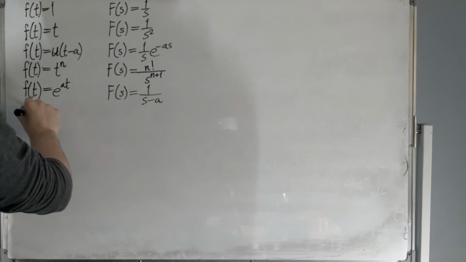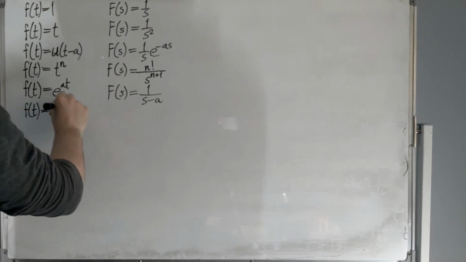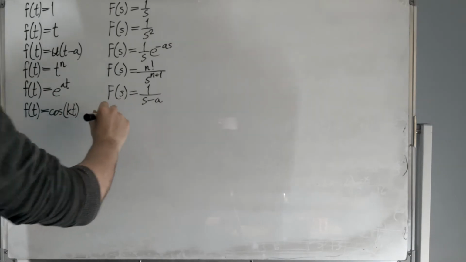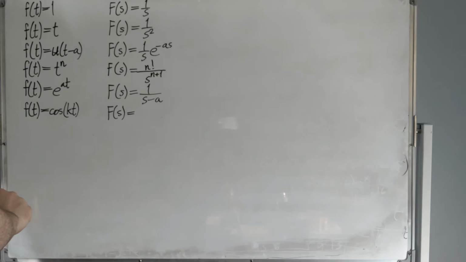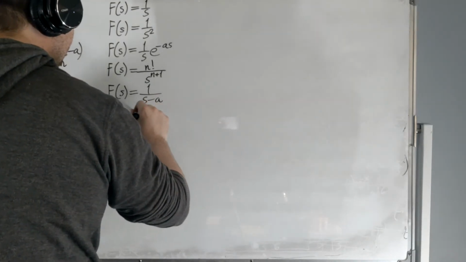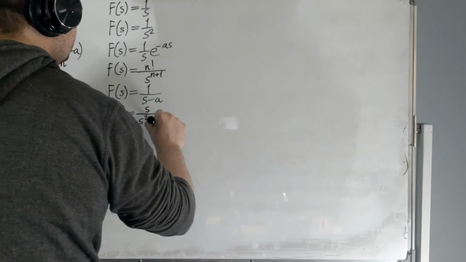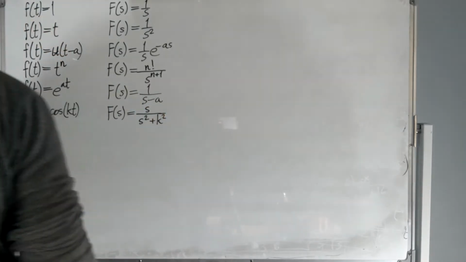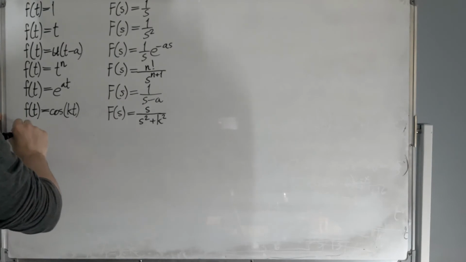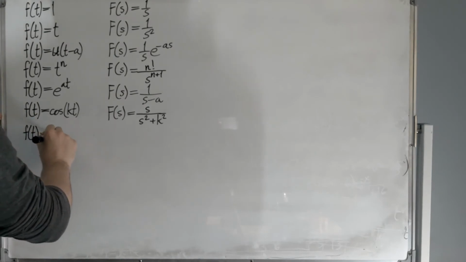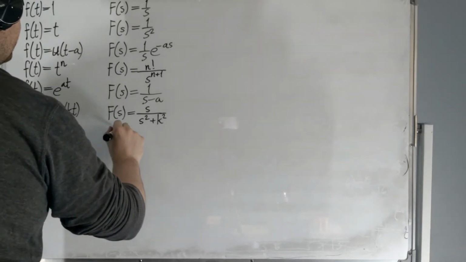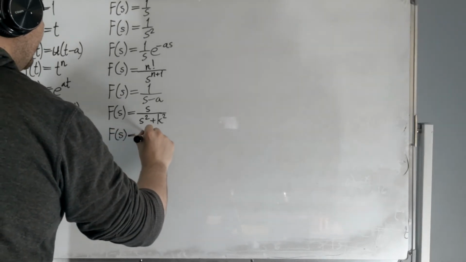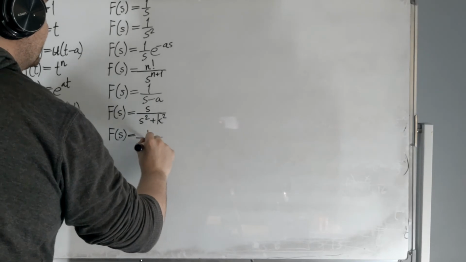Cosine of kt, the Laplace transform is going to be s over s squared plus k squared. Laplace transform of f of t equals sine of kt. This is going to be k over s squared plus k squared.